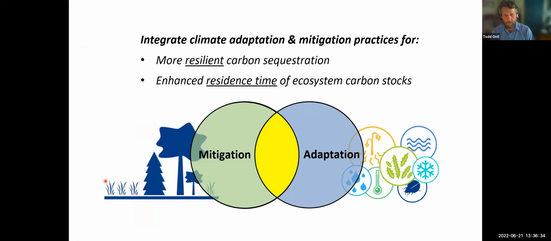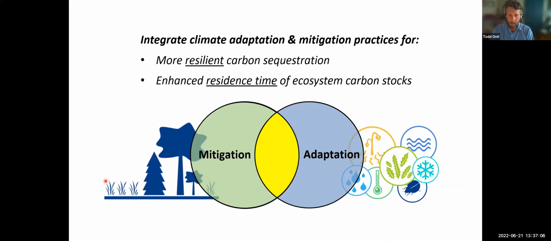And so really to drive this point home, this idea of integrating adaptation and mitigation together, the goal is twofold. It's enhancing sequestration, but making sure that sequestration is resilient. And so if the system does suffer disturbance or an impact, those sequestration rates are able to bounce back, and enhance the residence time of carbon in the ecosystem as well.